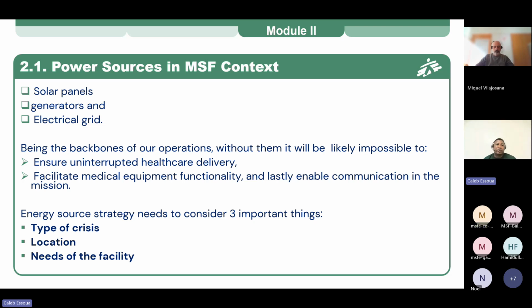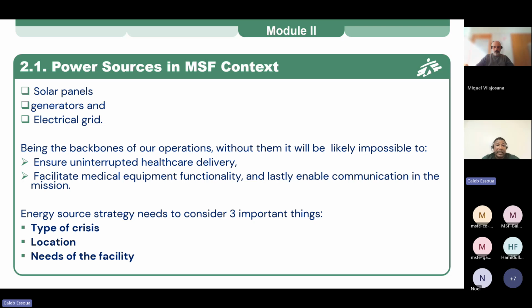Okay, so module 2, I said, is the power source. Power source refers to the system or device that generates, supplies, or stores electrical energy necessary for our daily activity in the field. They can include renewable energy sources, such as solar panels, wind turbines, as well as conventional sources like generators and the electrical grid.